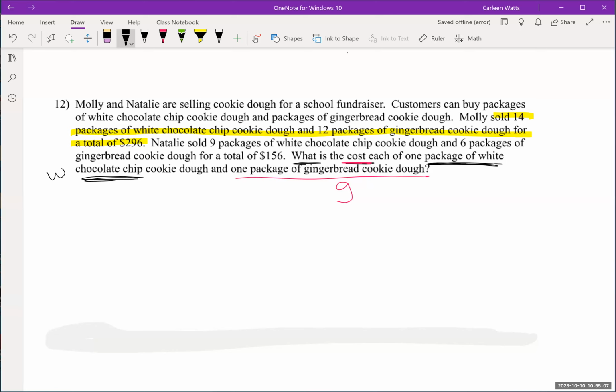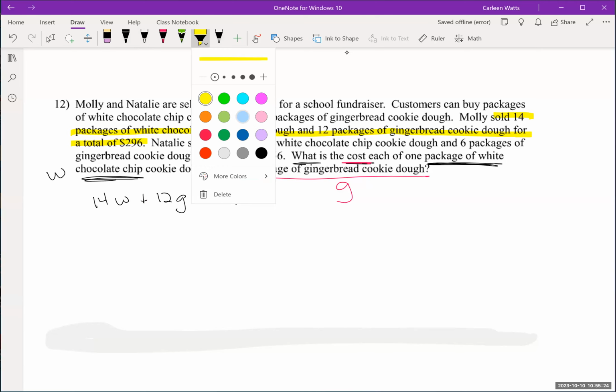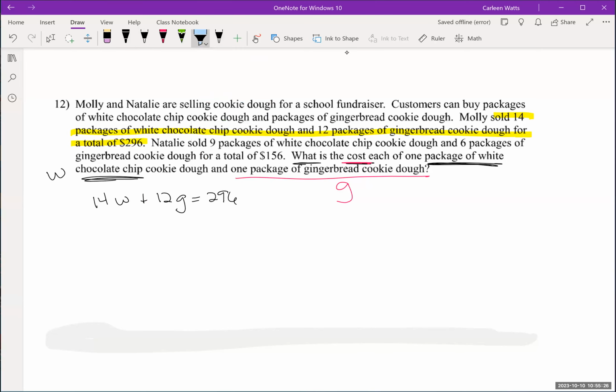So we have 14W plus 12G is equal to 296. Is that what everyone got? Okay, find your second equation.